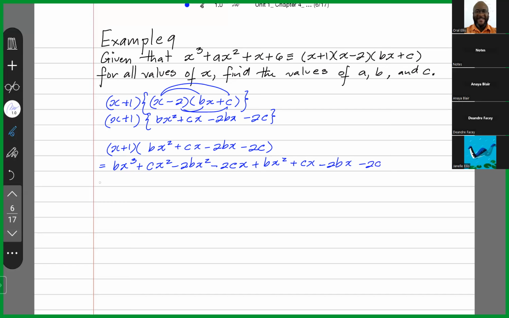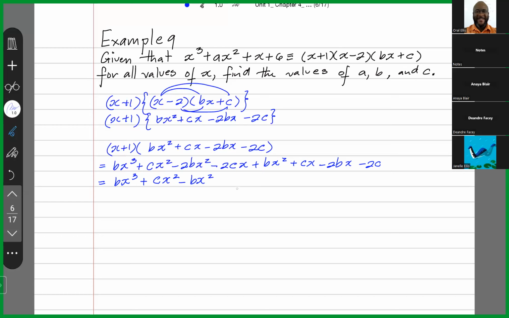Let's group like terms. We have bx cubed. Let's get all the terms in x squared. We have cx squared minus 2bx squared and plus bx squared. So that is minus bx squared.